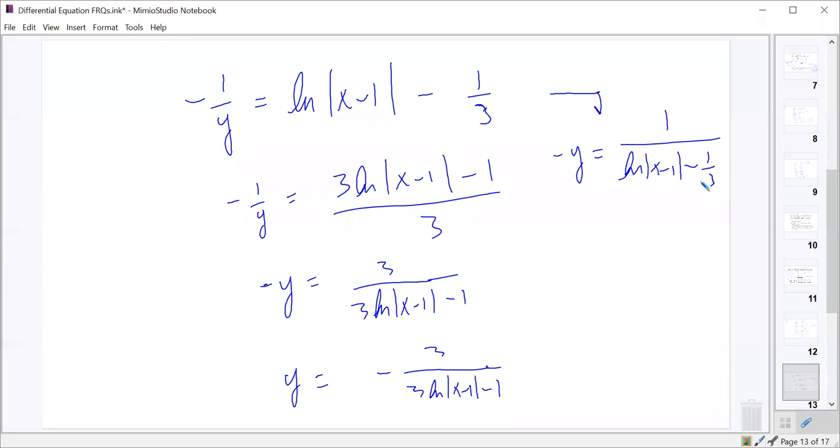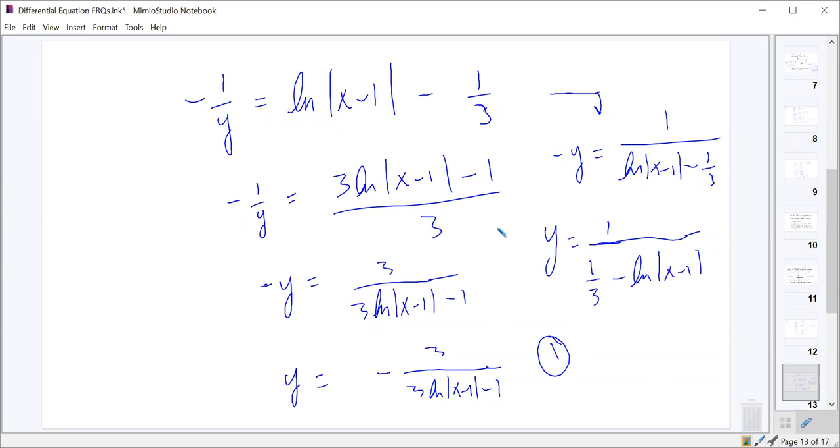I think the way we did it is a little cleaner, but this would be fine as well. So y would be 1 over 1/3 minus natural log absolute value x minus 1, or just a negative, you keep them the other way. But any of those are fine. One way or the other, that's the 5th point. Any questions on that before I let you guys out of here?